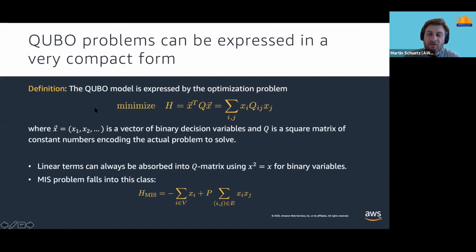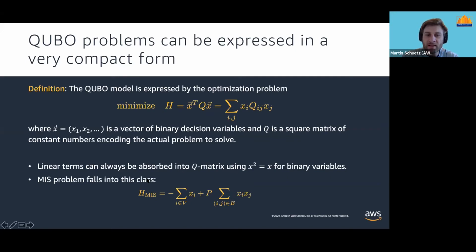The QUBO model itself is surprisingly compact and simple. It is a Hamiltonian that you try to minimize, and it is quadratic in these binary decision variables that take on just two values, 0 and 1. Essentially your entire problem is encoded into one matrix, typically denoted as Q, the QUBO matrix, and that really captures the essence of the problem that you'd like to solve.